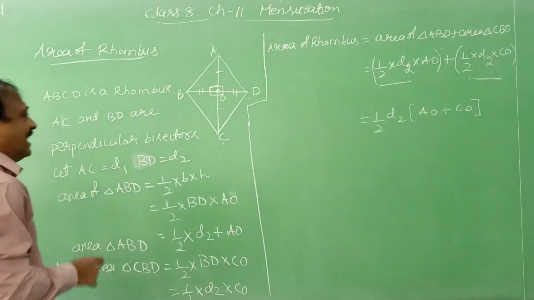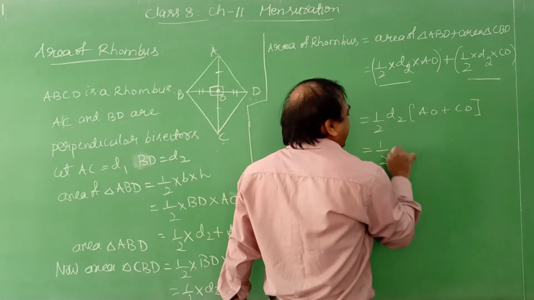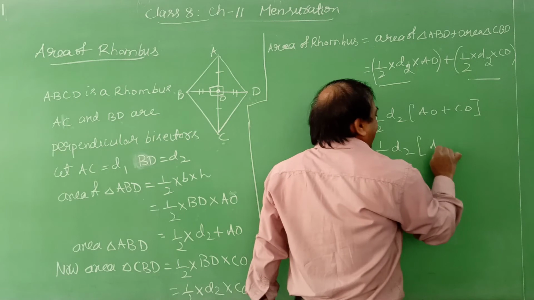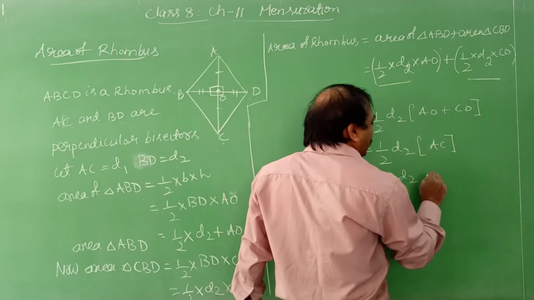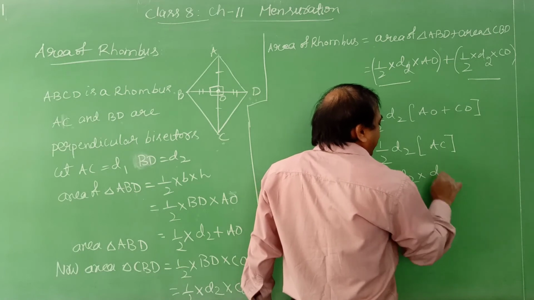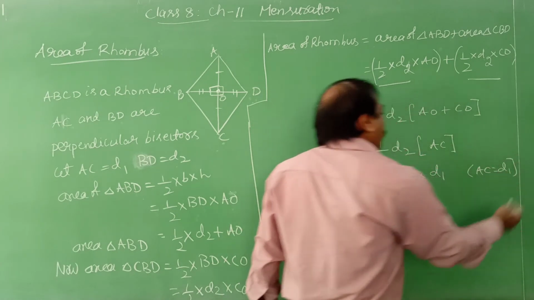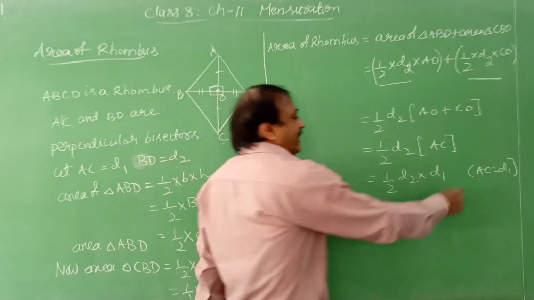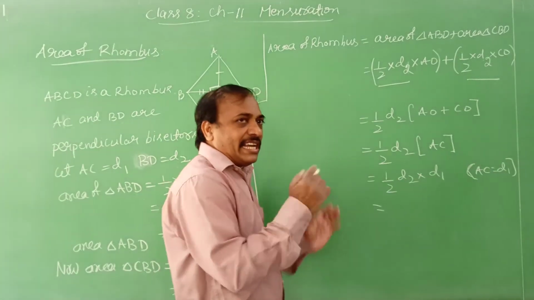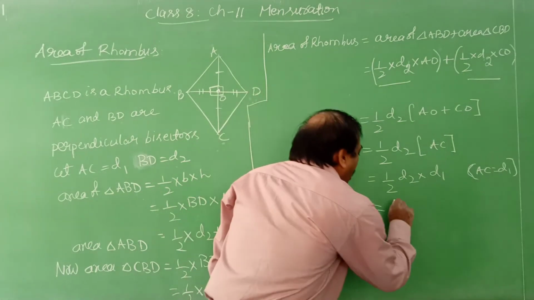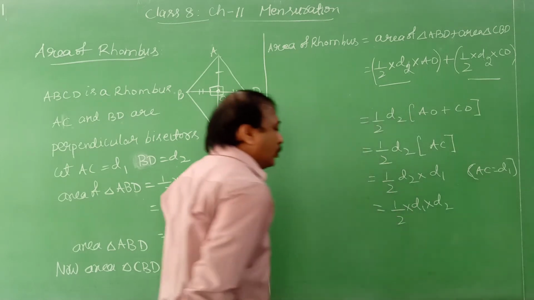AO plus CO together is the diagonal AC. So it is equal to half into D2 into AC. We assumed diagonal AC is equal to D1. So in a proper way, if you write first diagonal 1 then diagonal 2, half into D1 into D2.